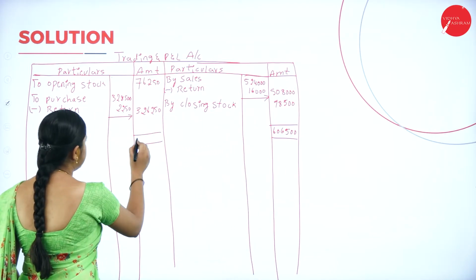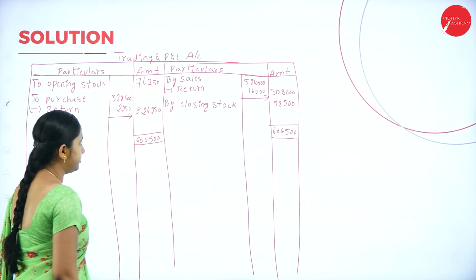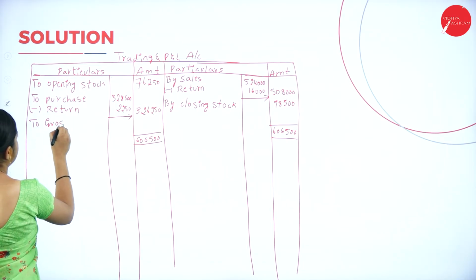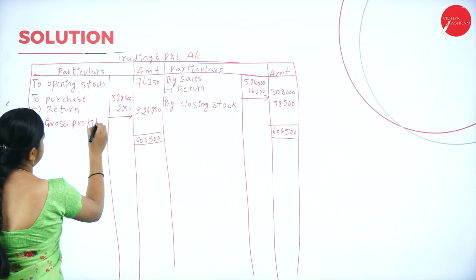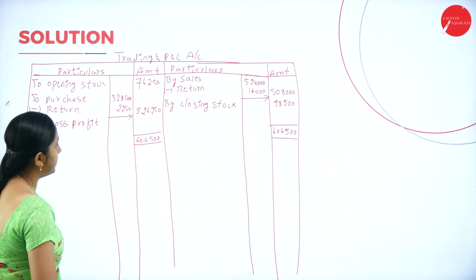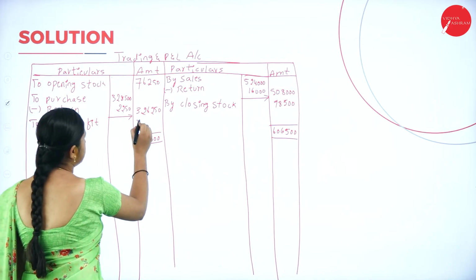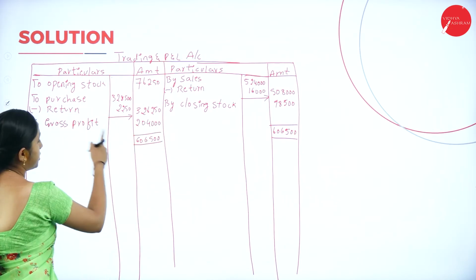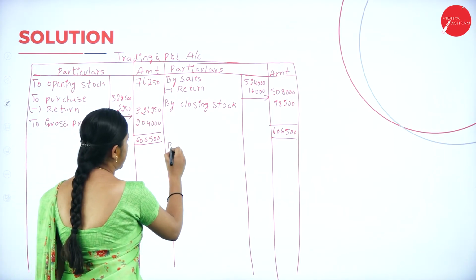Write it on both sides. Find the difference: gross profit. Gross profit is 2,04,000. So gross profit carried down should be brought down to the profit and loss account.